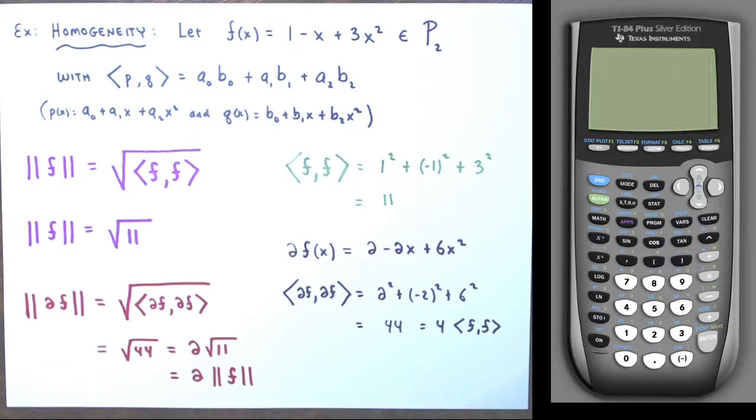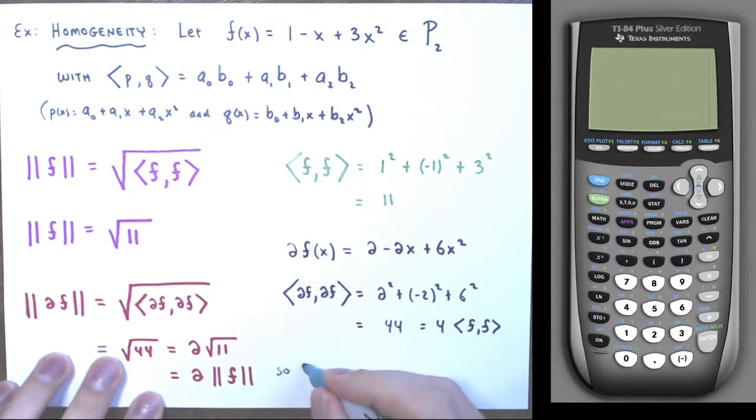And so the norm of negative 2f would also be 2 times the norm of f. Remember, it's the absolute value of the scalar. We want to keep things non-negative. The norm of negative 3f would just be 3 times the square root of 11.